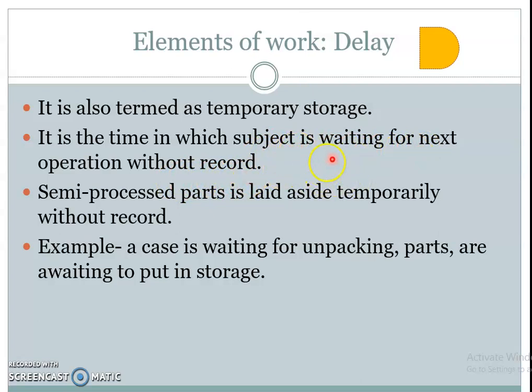Semi-processed parts are laid aside temporarily without record. These are parts waiting for processing, so they come under delay. Delay occurs when something stops the process and a product waits for the next event. Therefore it is called a temporary halt in the process.